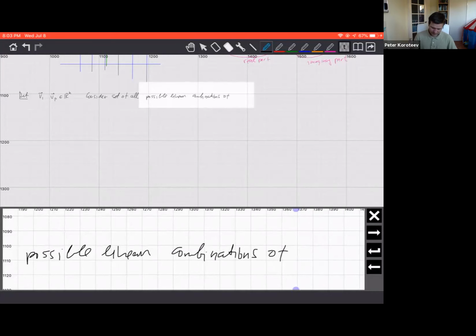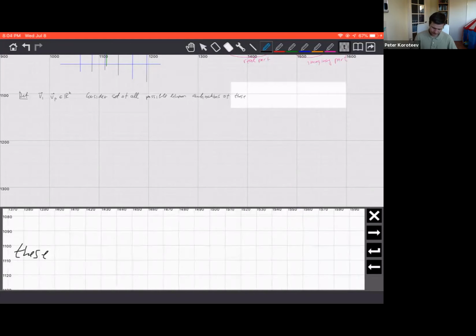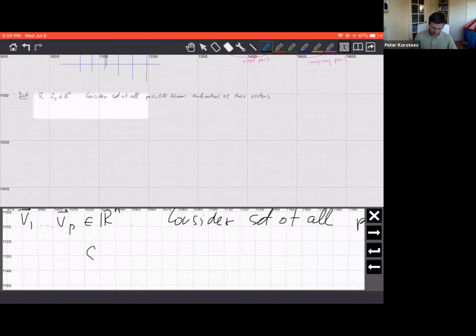We'll call it the span of v1 through vp.